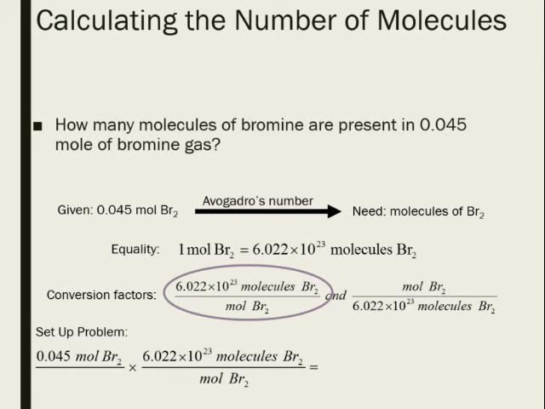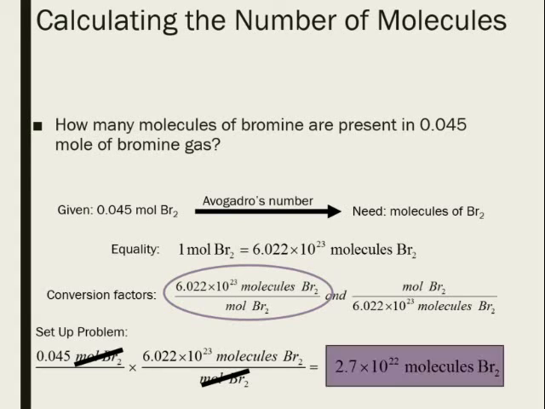Right, it's just like multiplying a value by 1. It doesn't change the value, but we do get to change the units, which is helpful. So moles of bromine will cancel. The only unit I'll have left is molecules of bromine. All that's left is to throw those two numbers into my calculator, and I'll come up with 2.7 times 10 to the 22nd molecules of bromine.